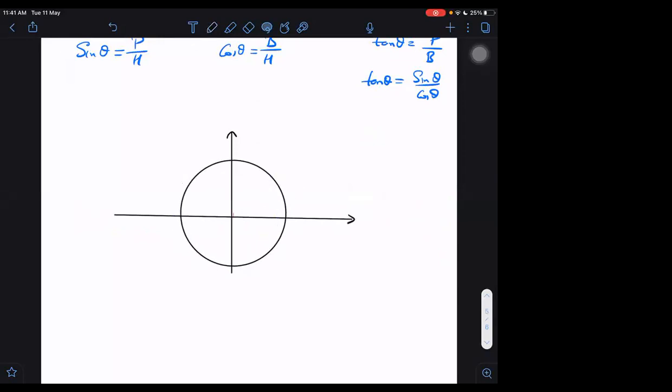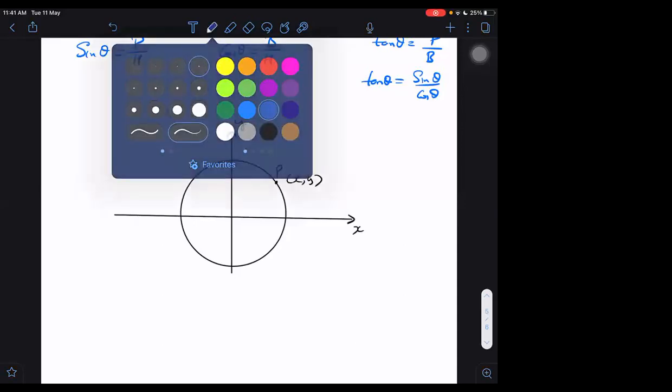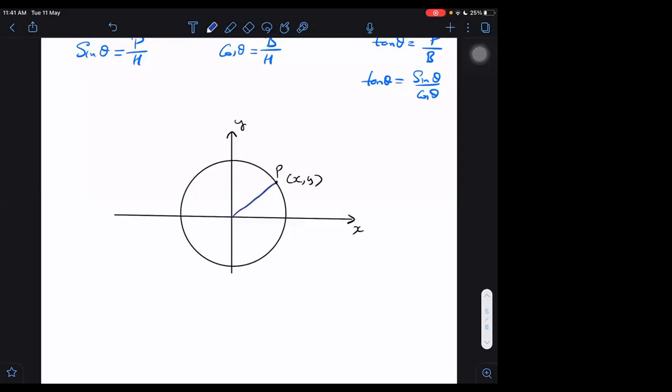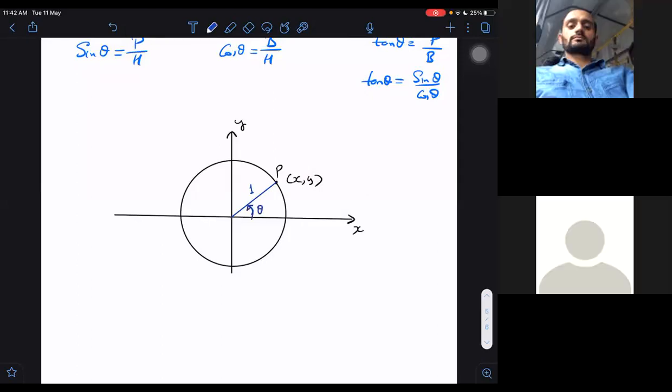If I have a circle of unit radius, meaning 1 unit radius, at any one point x comma y is the point P. And if I take a line joining the point and the center, this is, let us say, 1 unit. This angle is measured from the positive x-axis in the anticlockwise direction.